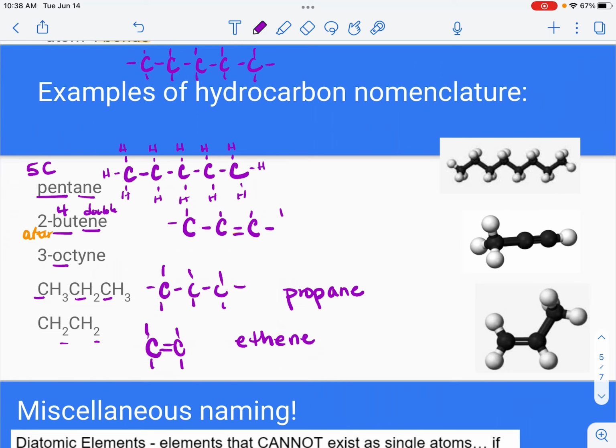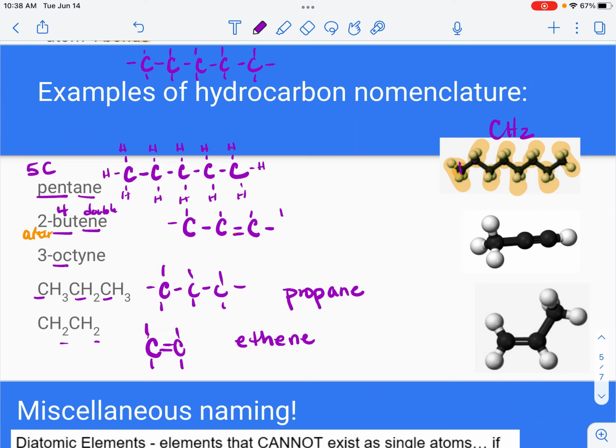Let me clear this space off a little bit. And I want to show you how you're going to have to count what's going on. So you may have to write as you go. I see CH3, CH2, CH2, CH2, CH2, CH2, CH2, CH3. So since all of these in the middle are CH2, I know that everything's a single bond.